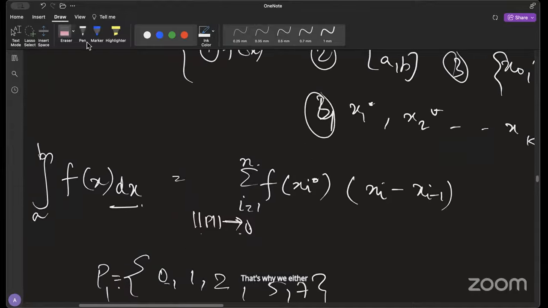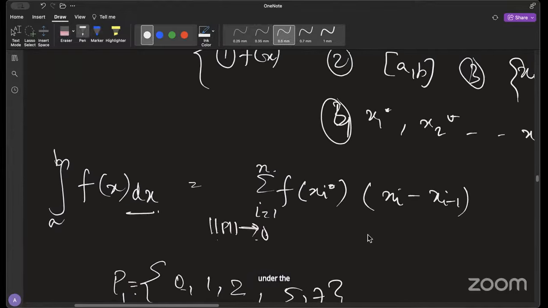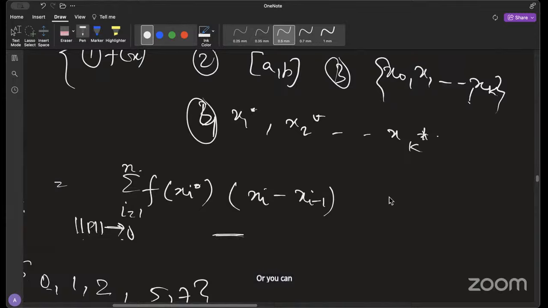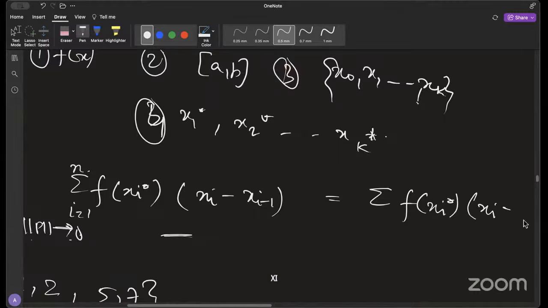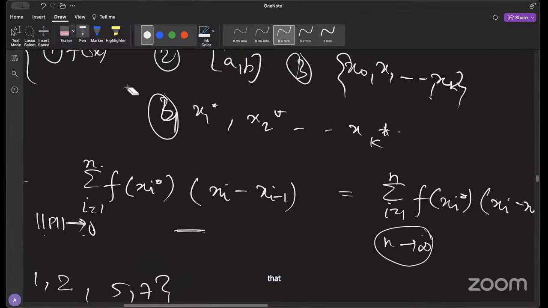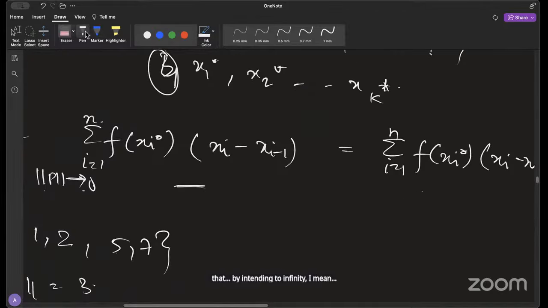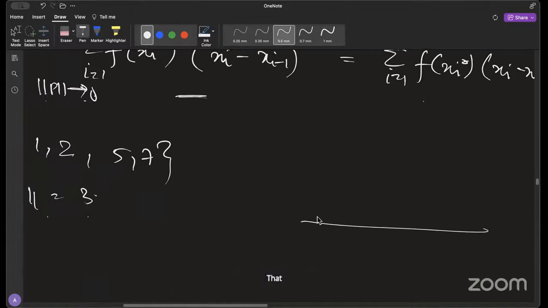That's why we write the exact area under the curve as the summation of f(xi star)(xi minus xi minus 1), i varying from 1 to n, and n tending to infinity. By n tending to infinity, I mean that you're increasing the number of partitions.